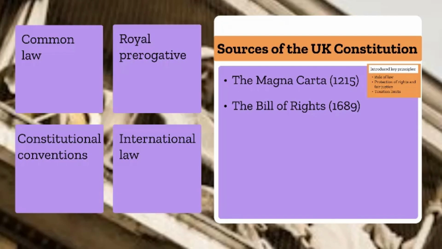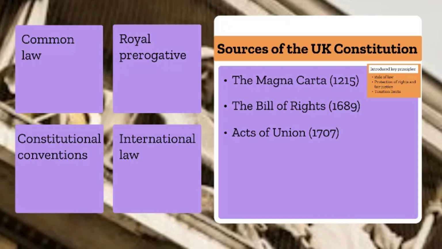It seems like it was still a huge amount of time ago, 1689, but actually 1689 is pretty much as close to nowadays as the Magna Carta was to the Bill of Rights. And this document, the Bill of Rights, limited the powers formally of the monarchy. So this is where ultimately the creation of parliamentary supremacy came from.